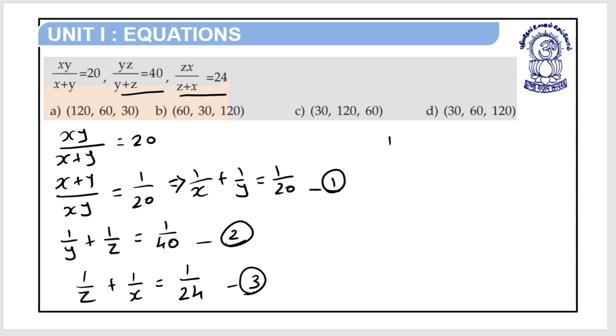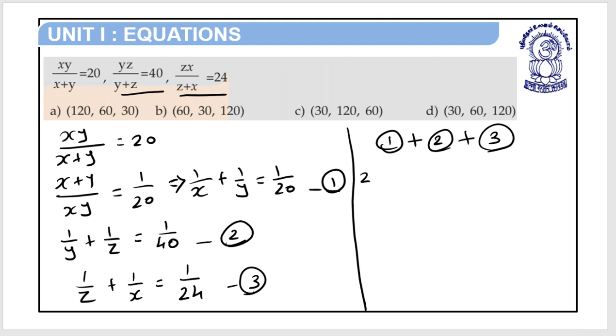Now take addition of equation 1, equation 2 and equation 3, left hand side and right hand side. So we will get 2 times 1 upon x plus 1 upon y plus 1 upon z is equal to 1 by 20 plus 1 by 40 plus 1 upon 24.